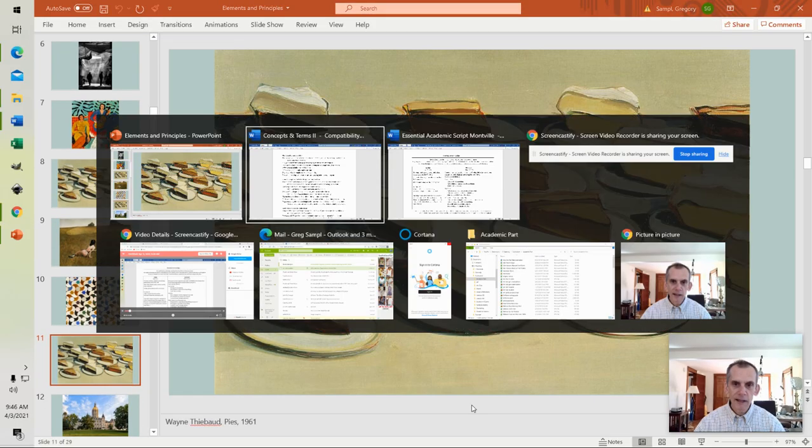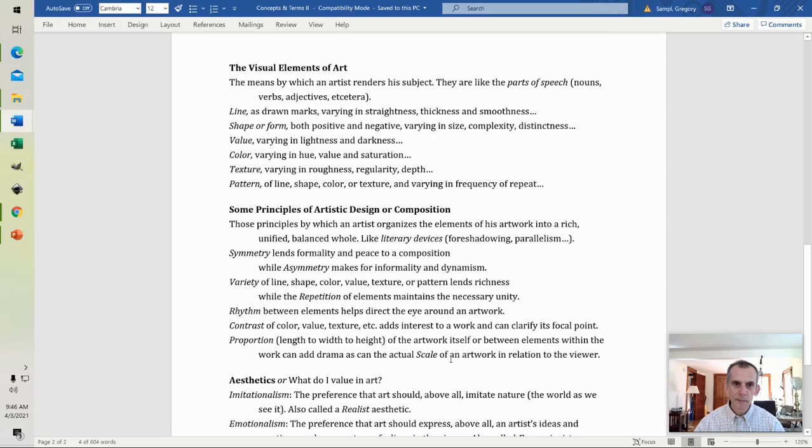So let's look again at this concept, some terms. Visual elements of art, the means by which an artist renders his subject. So for instance, those pies, those were shapes, little pie shapes, and colors. Texture, Andrew Wyeth's field there, he did his landscape with a lot of texture in it.